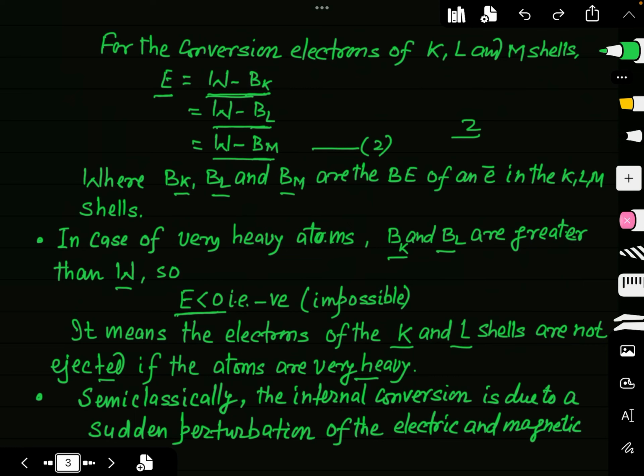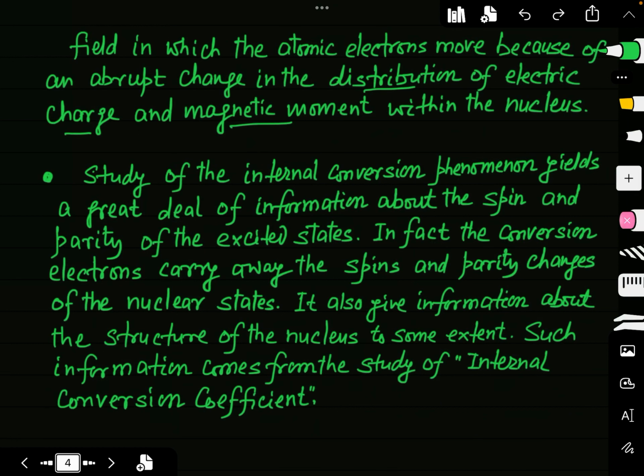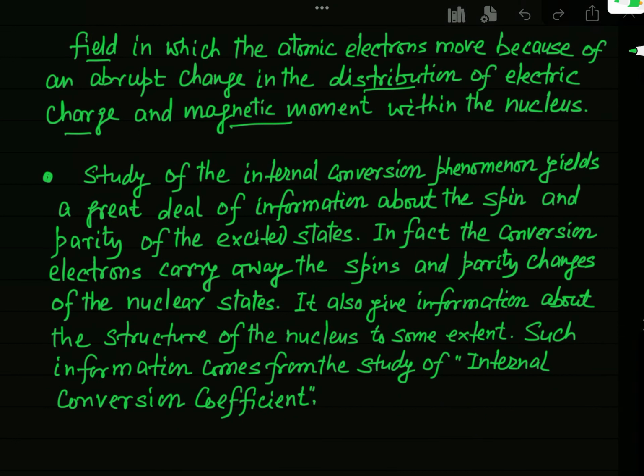You can see that semi-classically the internal conversion is due to sudden perturbation of the electric and magnetic field in which the atomic electrons move, because of an abrupt change in the distribution of electric charge and magnetic moment.